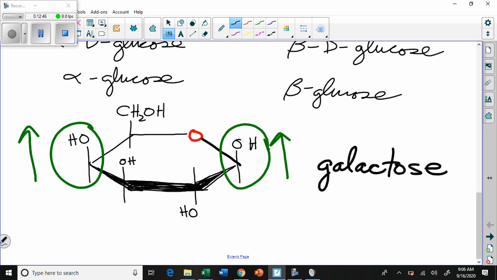Now, it's true that some are more stable than others, like D-glucose might be slightly more stable than L-glucose, or alpha-glucose might be slightly more stable than beta-glucose. But they're stable enough that they can all exist. So now we have created 3 different isomers of this D-glucose. Yes, ma'am.